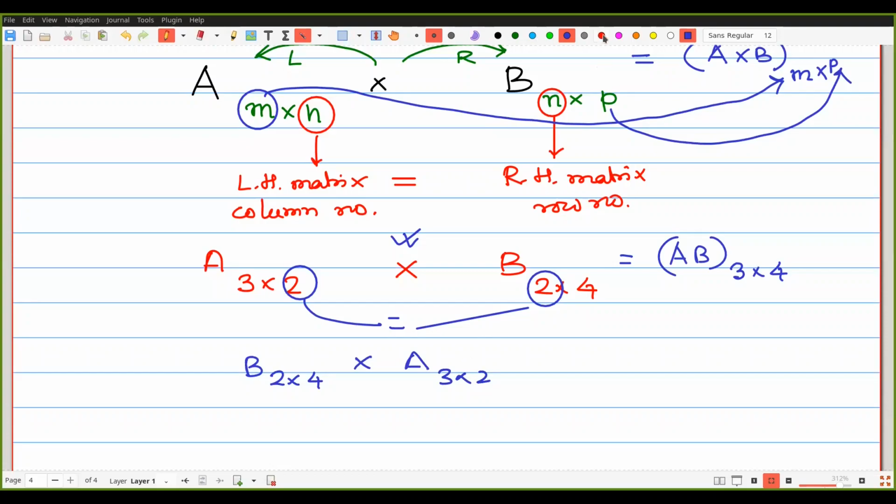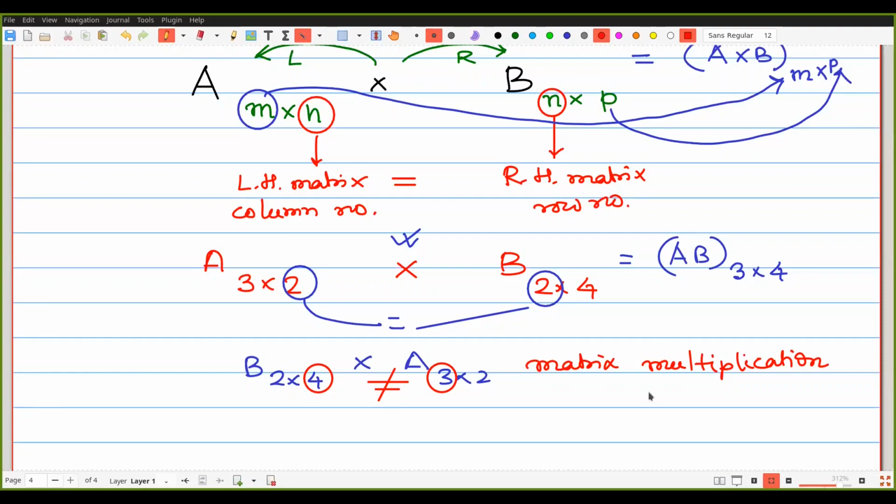Here we check: the 4 is not equal to the 3. So matrix multiplication is not possible in that case. So the same matrices, A cross B is possible, but B cross A is not possible. Sometimes it may be possible, it may not be possible, according to the order.